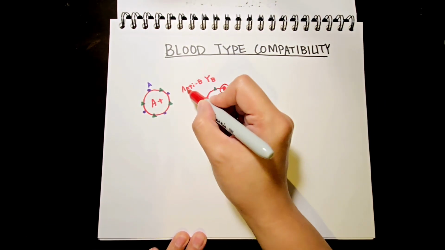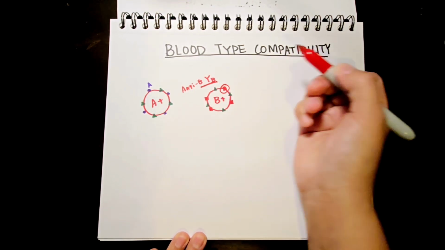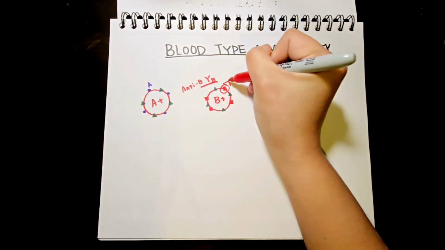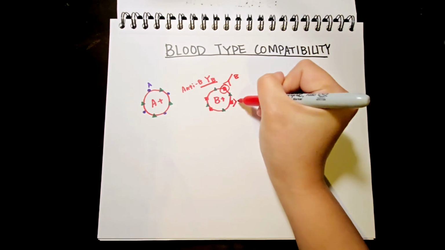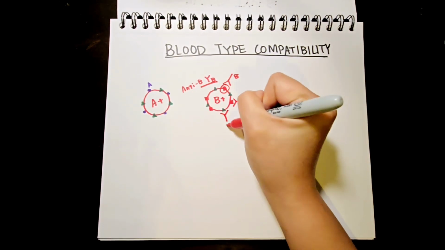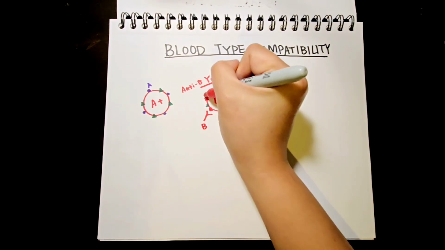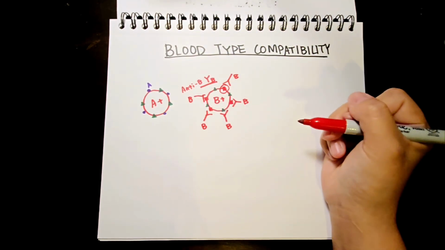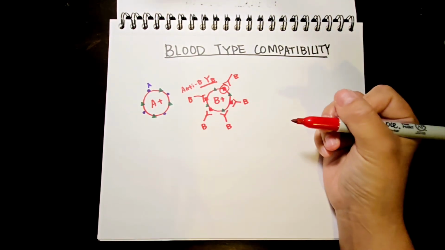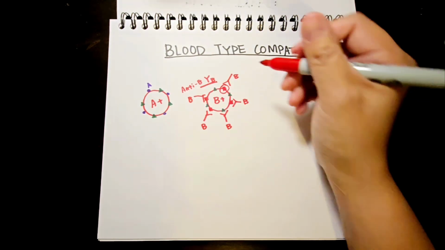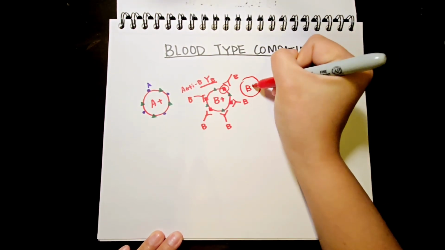Because this person has antibodies against B, all of those antibodies against B will bind to the surface antigen B on the wrong blood type. They would clump it up, and let's say there's multiple, of course.